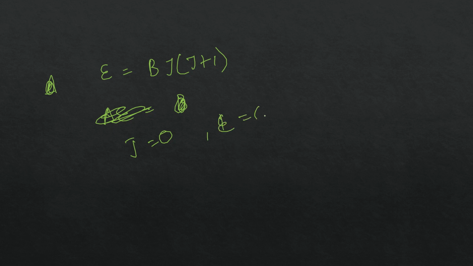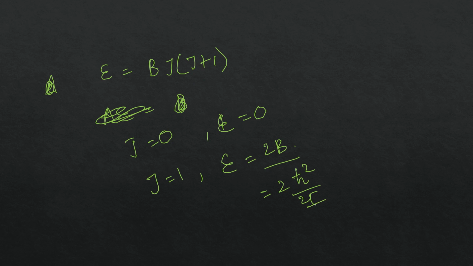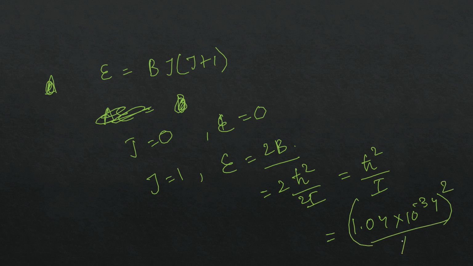For J equal to 0, E is equal to 0. For J equal to 1, E is 2B, right? So 2B means 2 into h cut square by 2I. This is the formula, so this is h cut square by I. That is 1.04 into 10 to the minus 34 whole square by I, where I is mu R square.